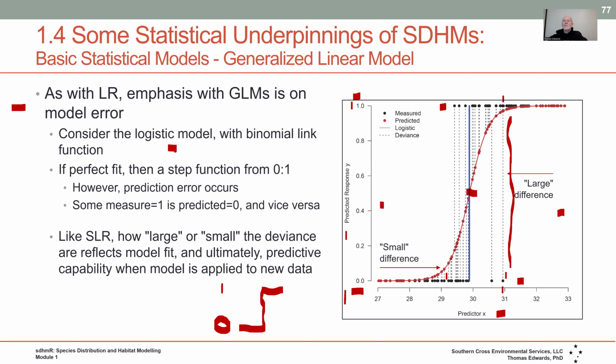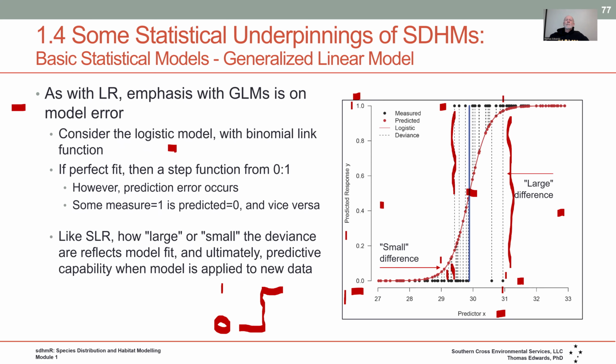So notice then that we have a large error that is associated with this. Over here, notice we have small errors, but we have large errors up here because some of these observed values of 0 actually have a predictor that makes them likely to be 1. So in essence, this is the error, and this is the type of error you're going to see in these types of models.